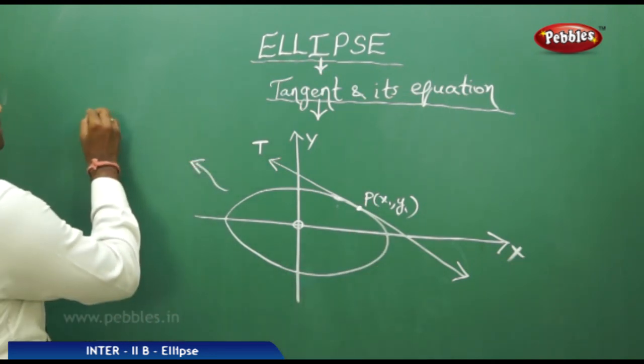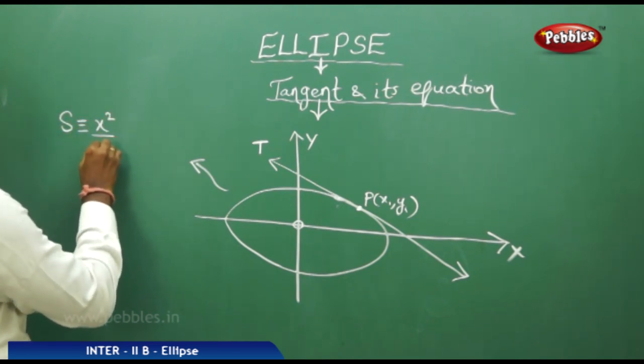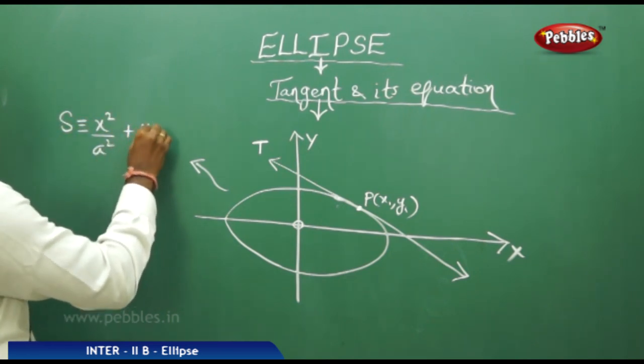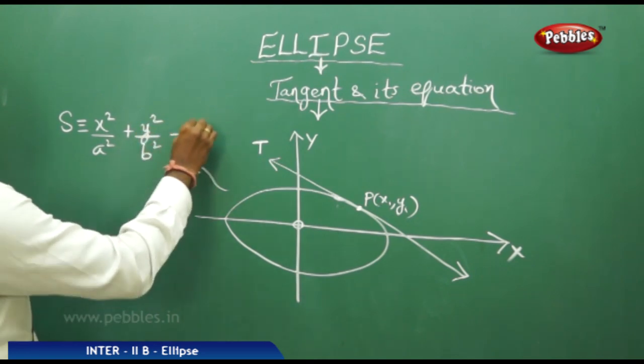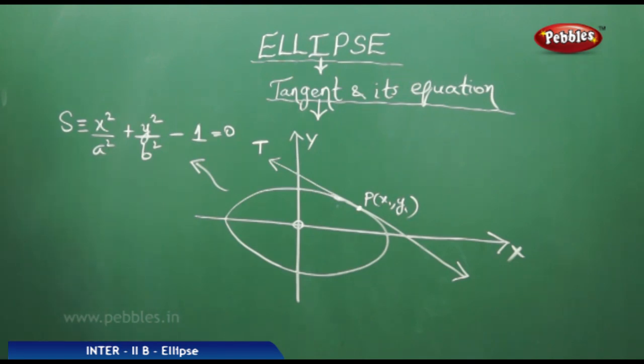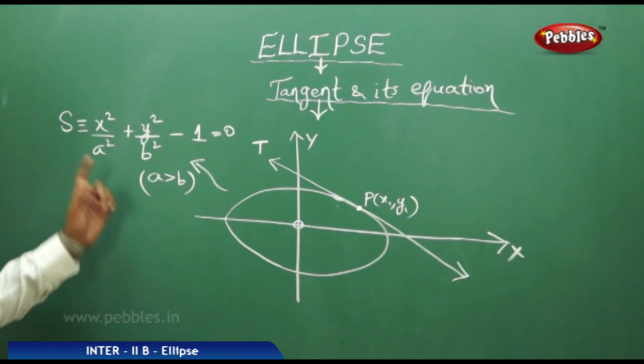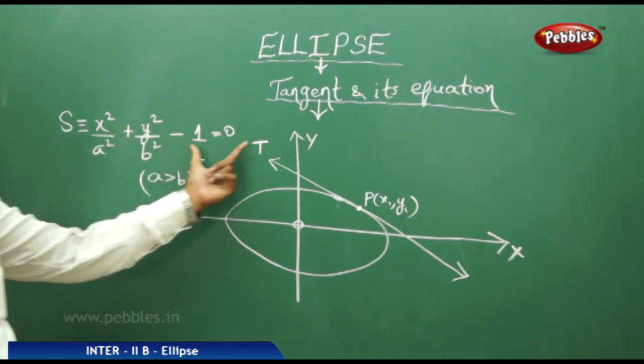the equation of the ellipse is S = x squared by a squared plus y squared by b squared minus 1 equal to 0. Of course, assuming that a is greater than b, I want to find the equation of the tangent.